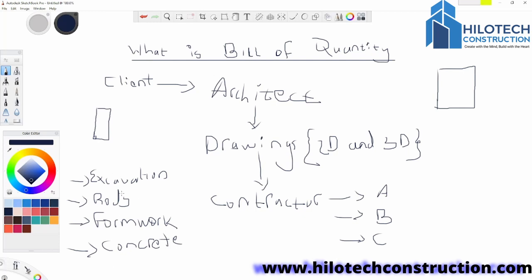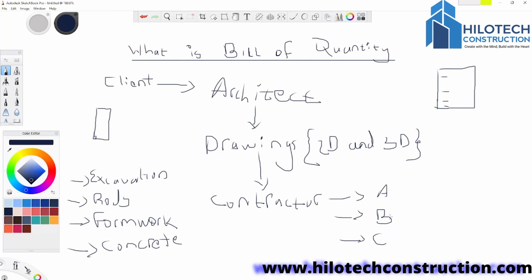So all these items and their quantities with respect to the drawings are going to be found on this paper brought out by the architect. Now you as a client are going to take this and give it to these contractors.